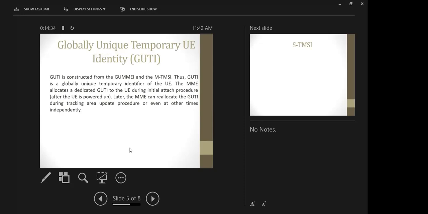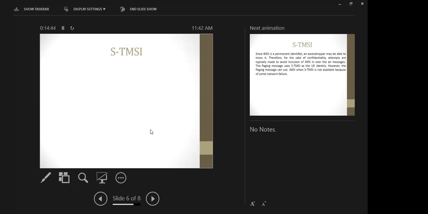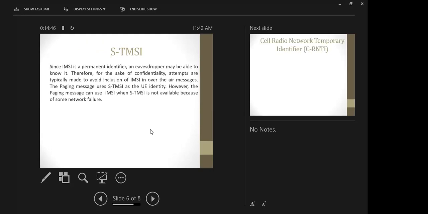The GUTI is allocated to the UE when you first power up, and also, as I said, if you have moved to a different location. Now these identities are just temporary, so there is a very slim chance that evildoers will come to know your identity.